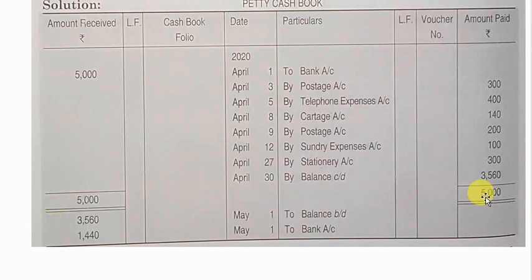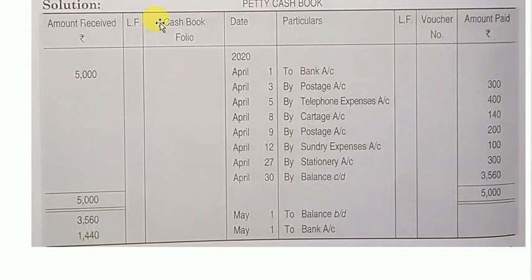And this balance carried down will be forwarded to the top with an entry of 'To Balance Brought Down', and you can see this being forwarded with an amount of 3,560 rupees. Again we will take the amount from the head cashier, that is 1,440 rupees, for the imprest amount of 5,000.